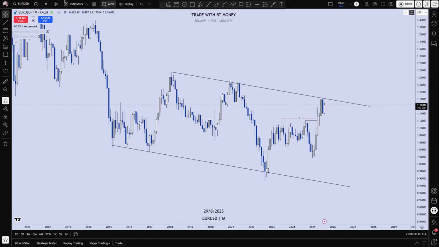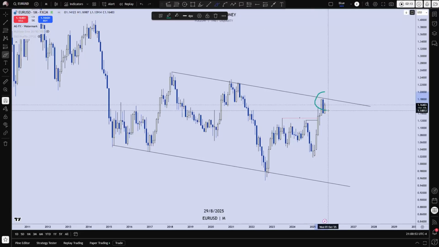Okay. Now, we're looking at the monthly time frame. You can see there's a downward channel, just like you could see that there is the opposite in the US dollar index, an ascending channel. This one is a descending channel, and we've reached the high here, the resistance line of the channel.